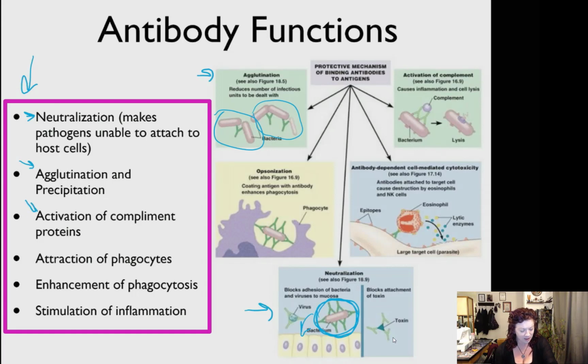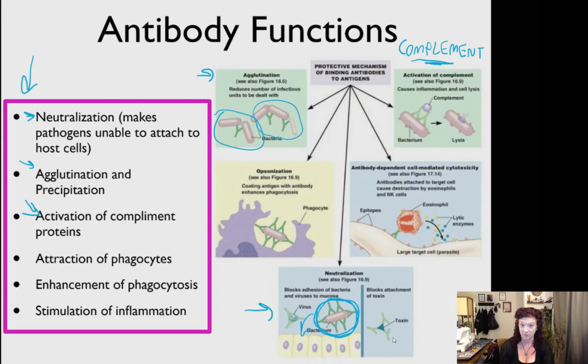Next up, activation of complement proteins. Okay. That's up here. Your complement system, we're not going to talk very much about, but essentially your complement system is made up of a group of molecules, most of them are proteins, that can be activated to help facilitate and enhance your immune response. So these are frequently proteins that enhance your immune system's function.